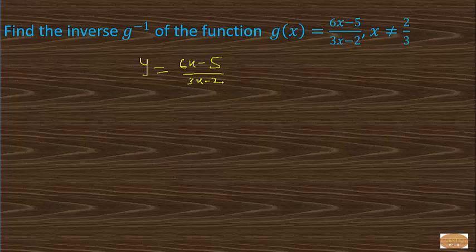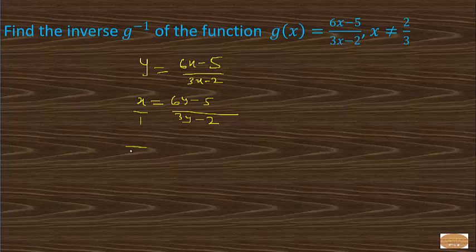Okay, so we are going to interchange x and y. So where you see y, you make it x, and where you see x, you make it y. The moment you do that, you tend to get the inverse. So x equals 5 minus 2y over 6 minus 3y.